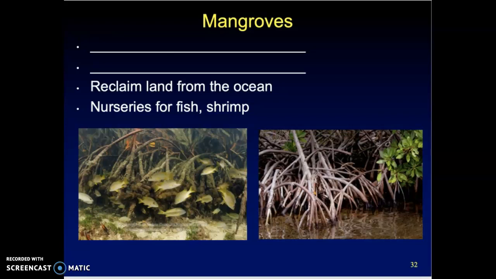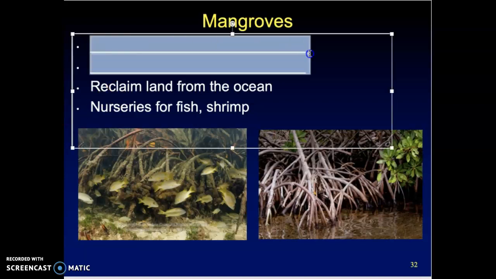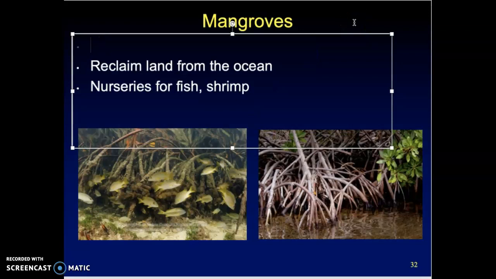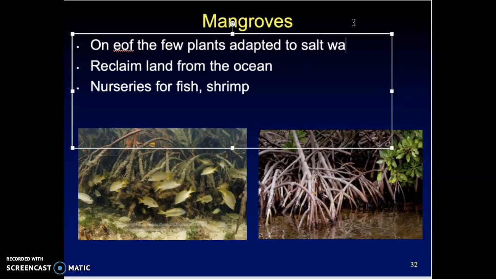So mangroves are coastal areas. These are one of the few plants adapted to salt water.